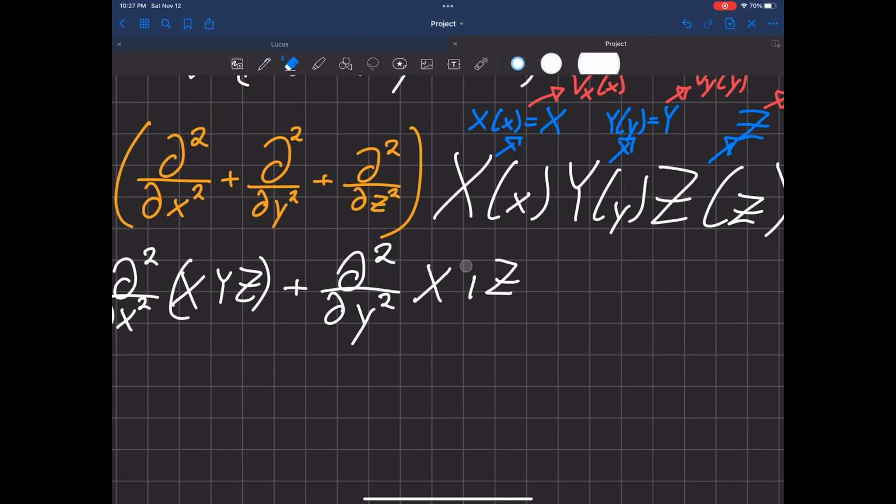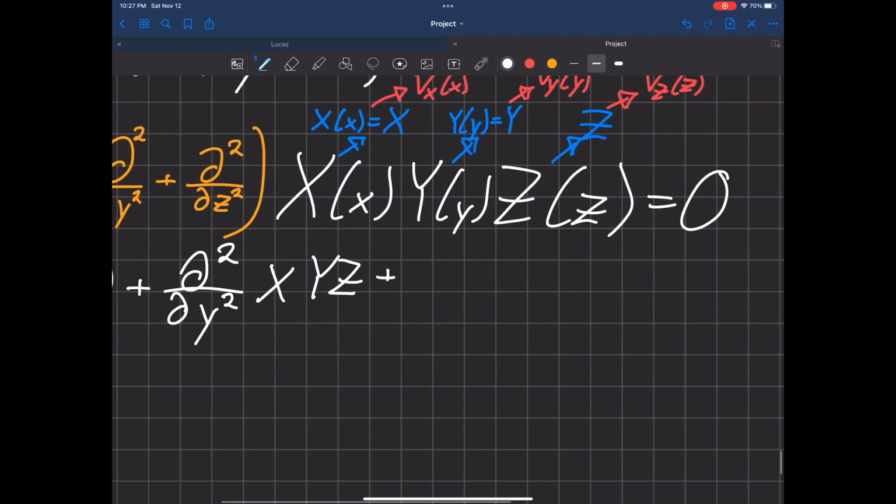It's not just going to be in the y direction. It's not just going to be in the x or z, but right now, foiling this out, plus the second derivative with respect to z of the x, the y, the z.